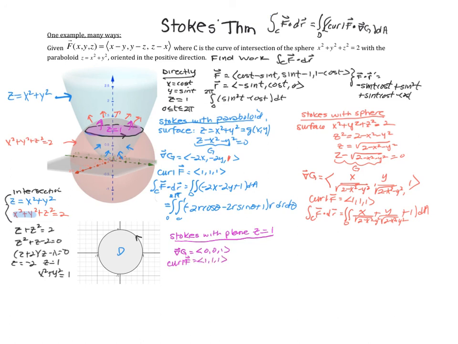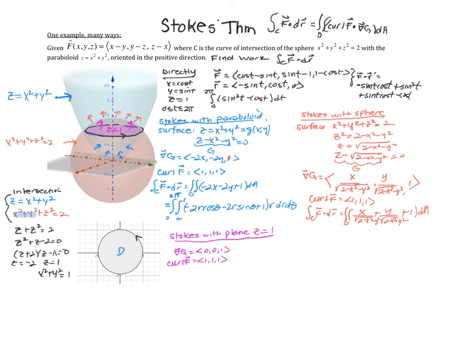By the way, I should make sure it's clear that when we do this integral here, a lot of times, often, the curl has variables in it. And so if there were any z's in it, we'd have to put in z equals 1. Same if it was here. If there was a z in my integrand, we'd have to put in z equals x squared plus y squared.